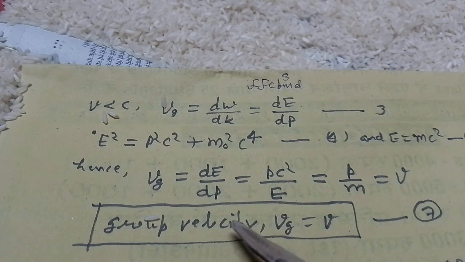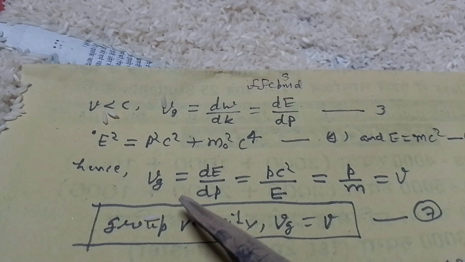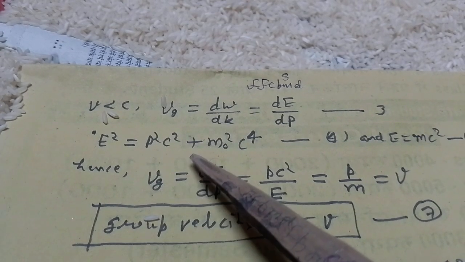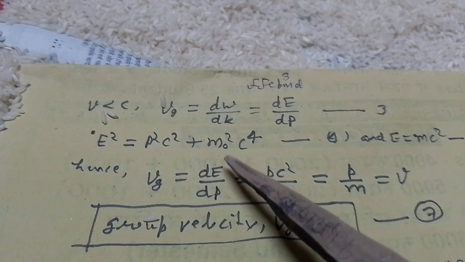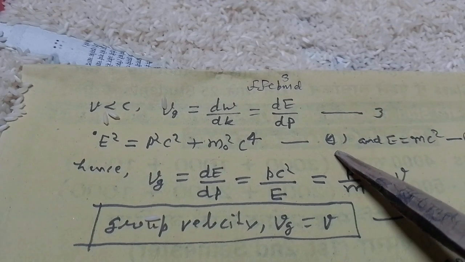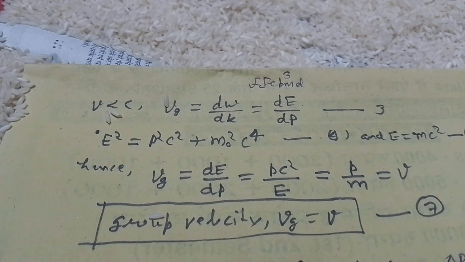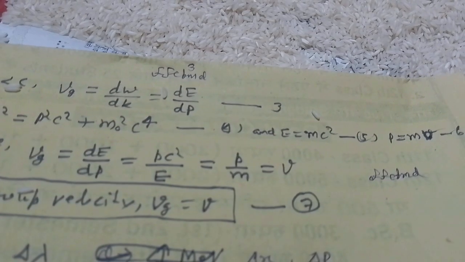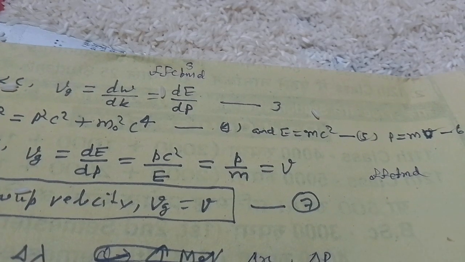Now from the special theory of relativity, we have E squared equals p squared c squared plus m naught squared c to the power 4. This is equation 4. And E equals m c squared, this is equation 5, and p equals m v, this is equation 6.